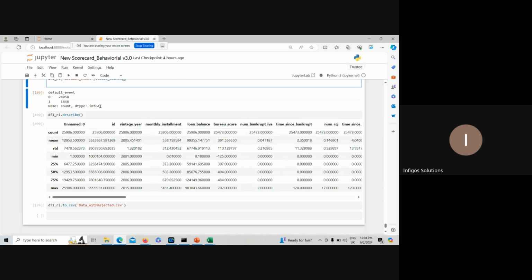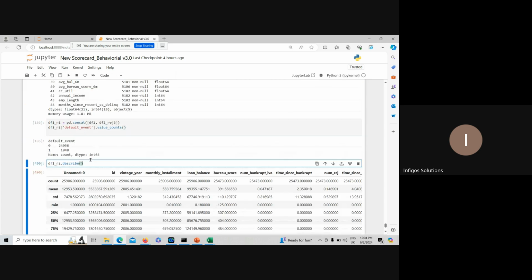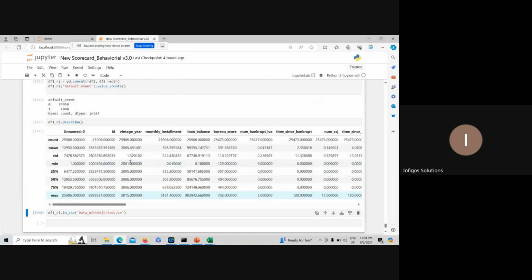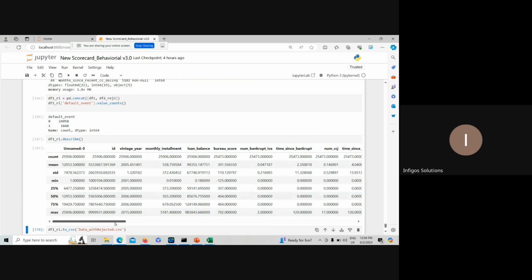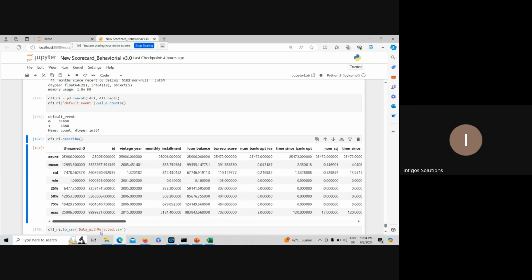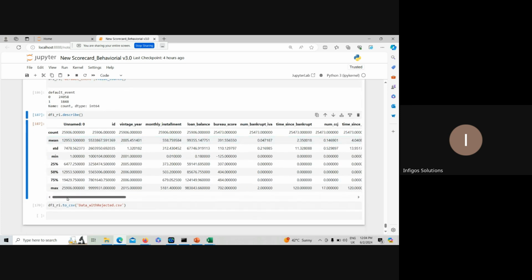This data set is here. This is the data set. This is your data set with reject inference.